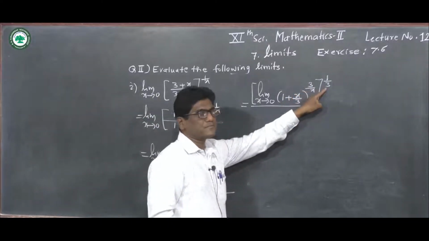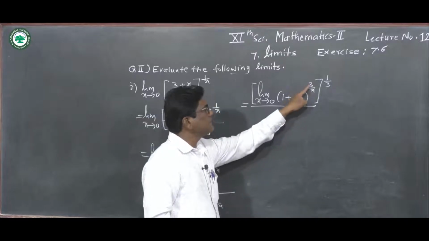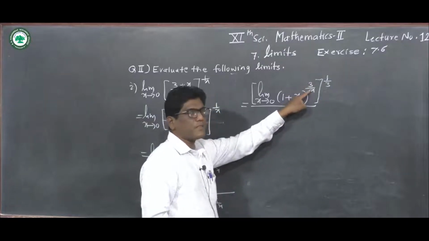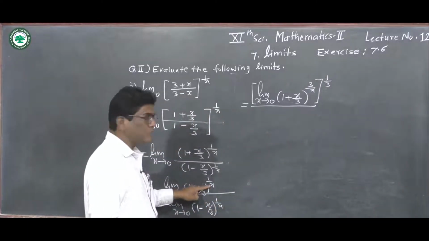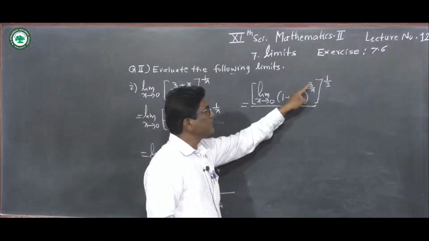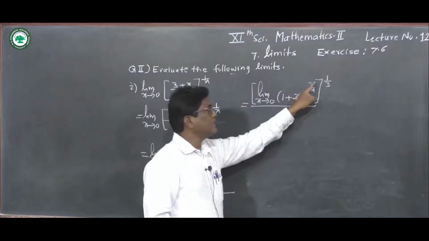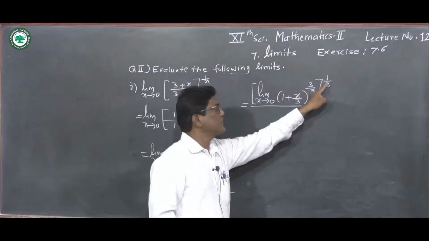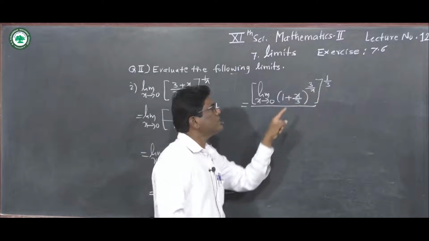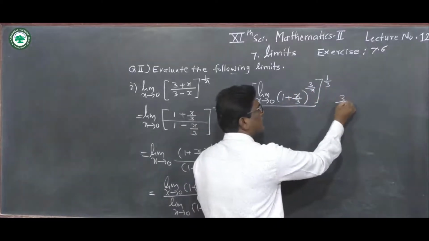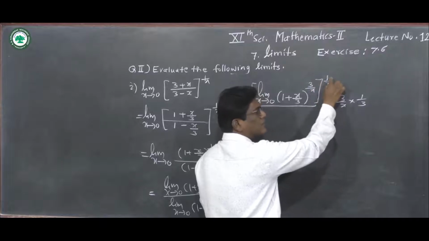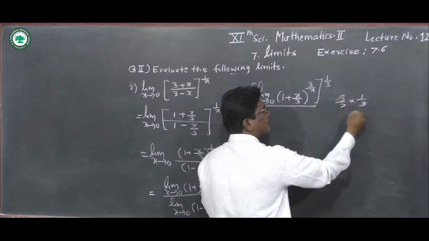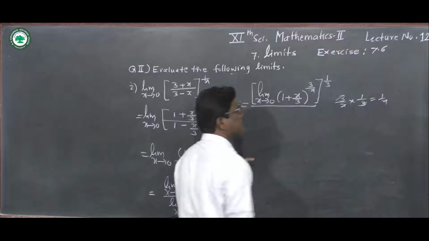Here x upon 3, its reciprocal is 3 upon x, but out of that 3 upon x, 1 upon x is given, so we adjust only 3, so we cancel this 3, so take here 1 upon 3, so that the product 3 upon x into 1 upon 3, using the rule of indices, this 3 and 3 get cancelled, so it is equal to 1 upon x.